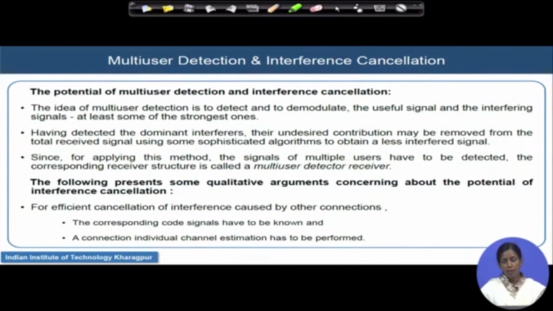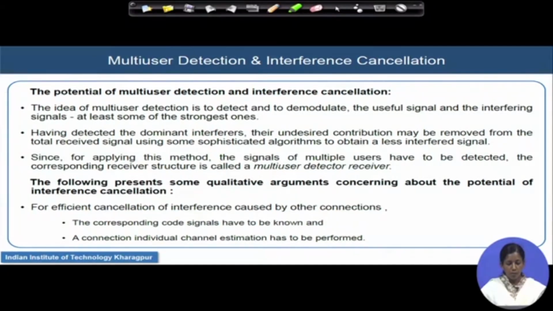If we are able to detect the independent user signals apart from our intended signal, then we can at least get an idea who the stronger interferers are, and if we can detect all those signals, it will be very easy to subtract them from the incoming signal and get rid of them, or at least get a lesser effect of those interfering signals.